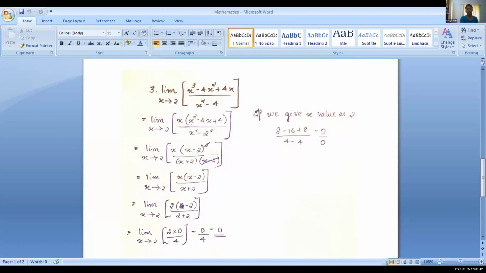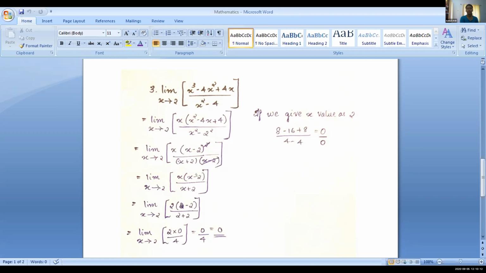And x square minus 4x plus 4 is in the form a square minus 2ab plus b square, so we can write it as x minus 2 the whole square. So we get limit x tending to 2 of x into x minus 2 whole square by x plus 2 into x minus 2.